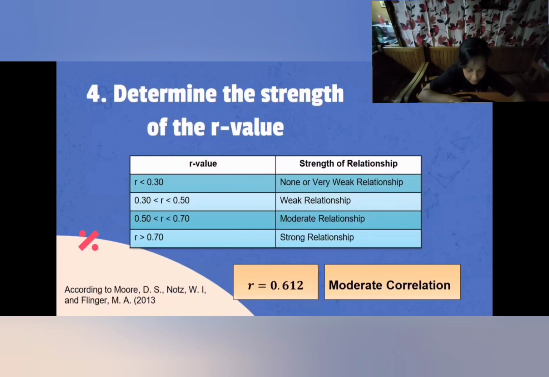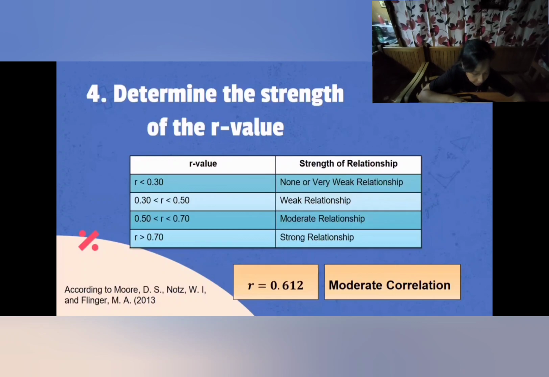If your r value is greater than 0.30 and less than 0.50, you have a weak relationship. If your r value is greater than 0.50 and less than 0.70, you have a moderate relationship. And the last one, if your r value is greater than 0.70, that means you have a strong relationship.